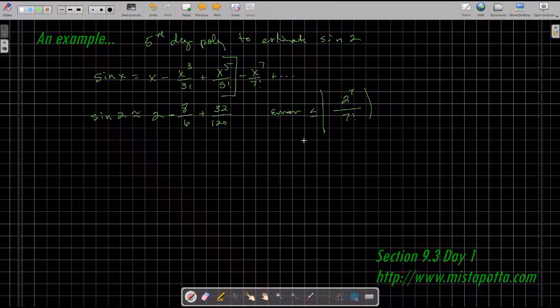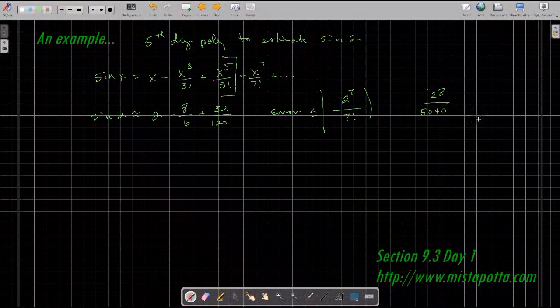Even if we're only looking at a 5th or a 7th degree polynomial, just looking at the first 3 or 4 terms. If I was to actually calculate this, that's 128 over 7 factorial, which is 5,040.